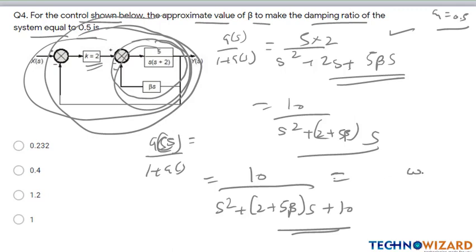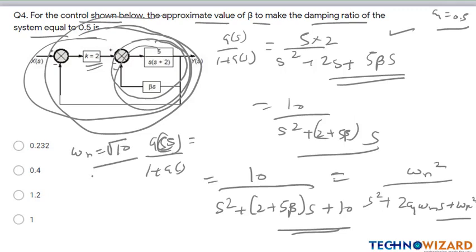If we compare this with our standard transfer function equation, that is omega n square upon s square plus 2 zeta omega n s plus omega n square, from here I can write omega n is equal to root 10. On comparing these two equations, 2 zeta omega n is equal to 2 plus 5 beta.